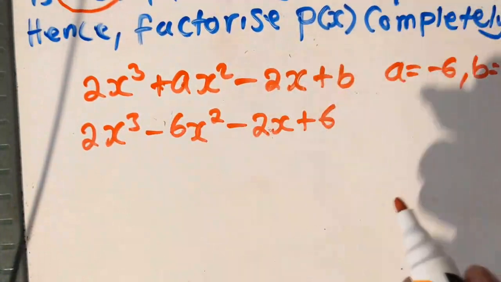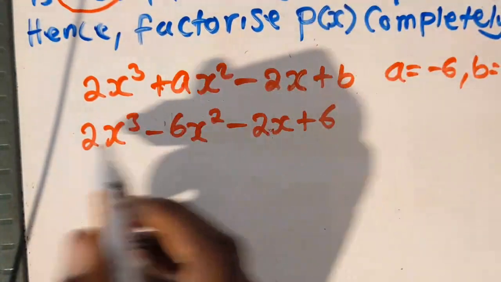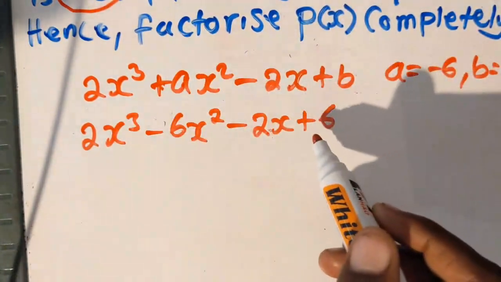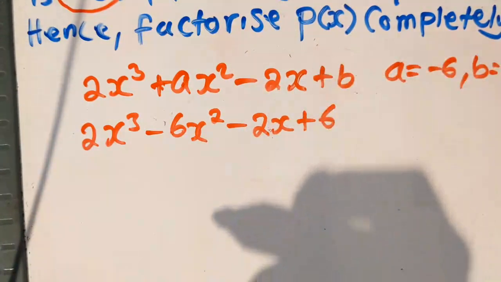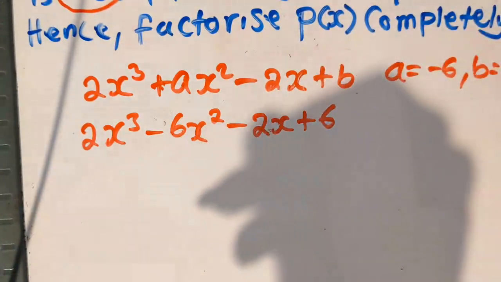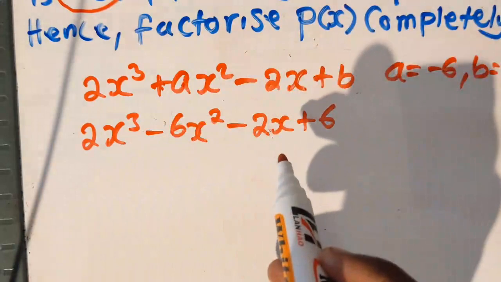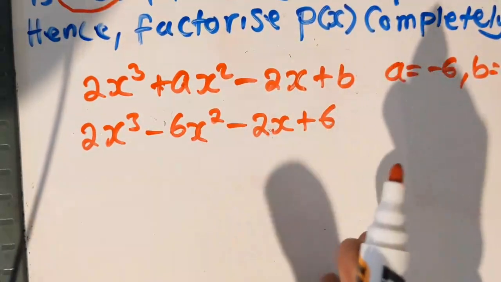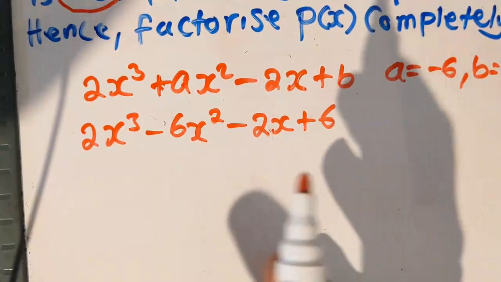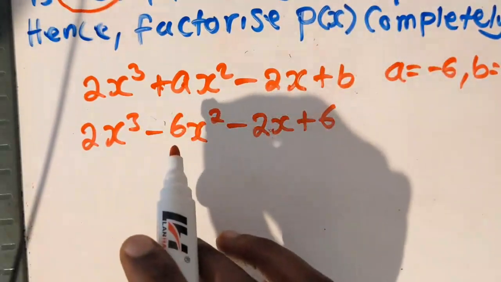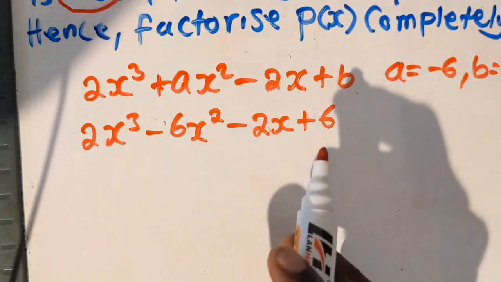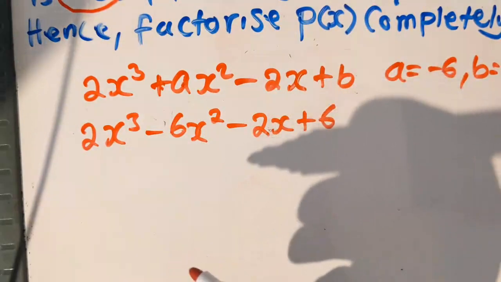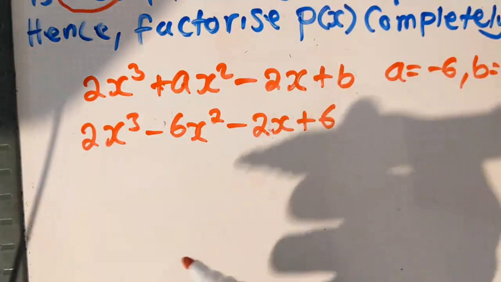To factorize means that you need to find the factors of this polynomial. A factor is a number that when you divide it into this, it's supposed to give you 0. Or when you multiply and add, they give you what you want.